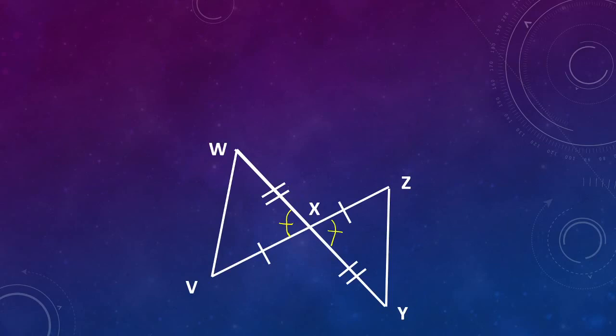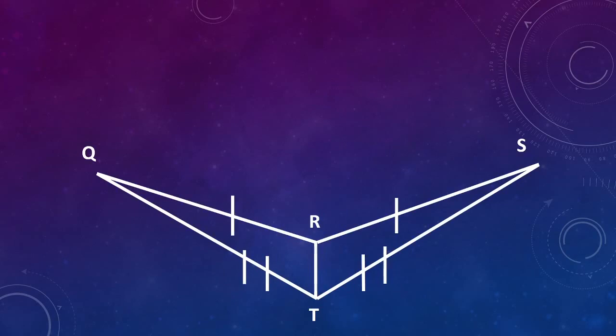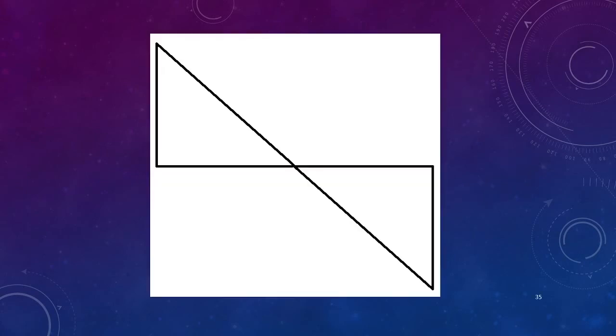So this is SAS. Side, angle, side. Okay? Next. What about this one? Reflexive side. Side. Side. SSS.